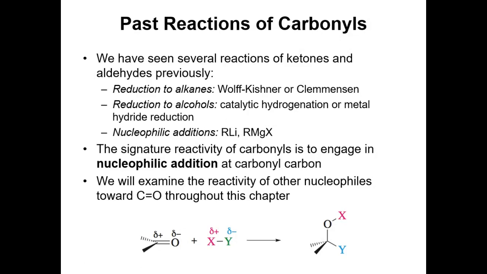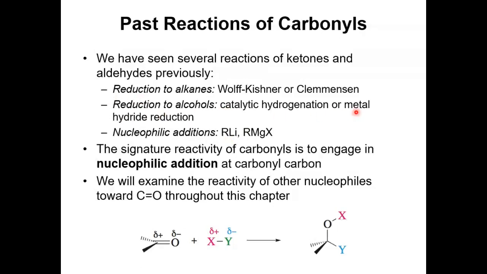And we did spend some time looking into the mechanisms of sodium borohydride or lithium aluminum hydride reduction. Also in chapter 15, we have seen that Grignard reagents or organolithiums can undergo nucleophilic addition to the carbonyl carbon.